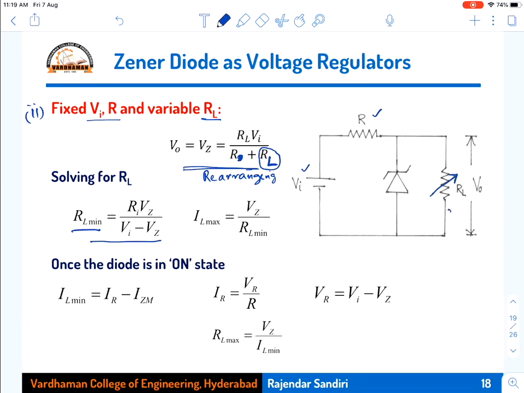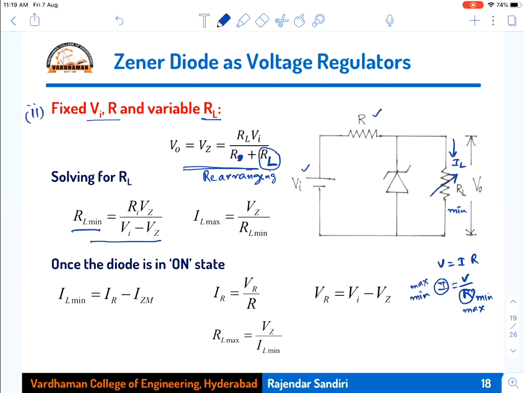When I am getting the minimum resistance, what will be the current here? How are the current and resistor related? P is equal to I into R. I is equal to V by R. Now how are these current and resistor related? Reciprocal, right? If R is minimum, I will be maximum, or vice versa. If R is maximum, I will be minimum.